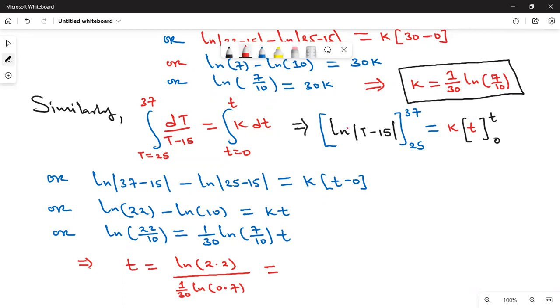That should give you negative 66.32. It is equal to negative 66.3173. You see, time is in minutes. So this is minutes.